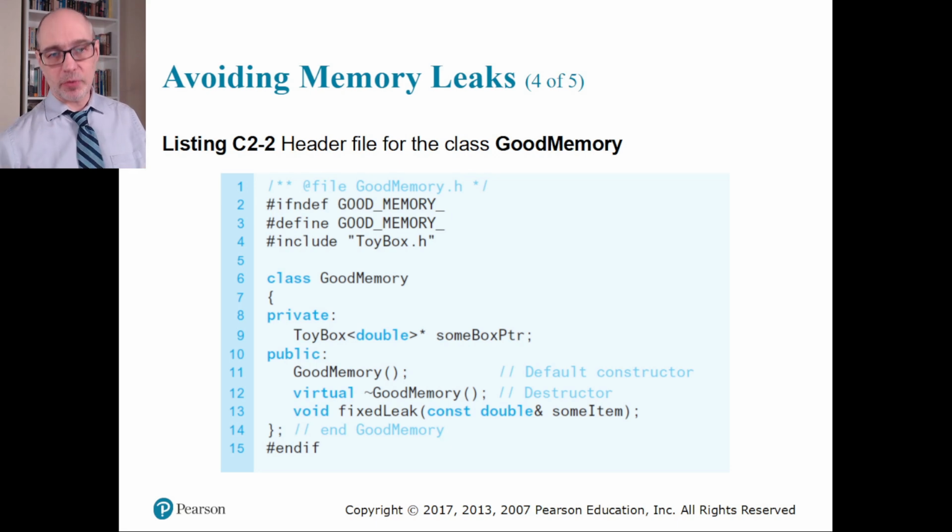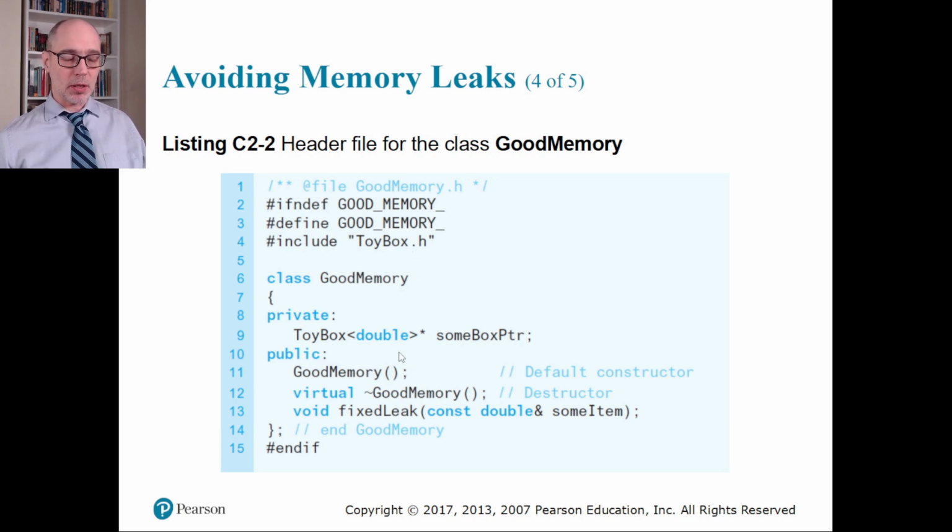So here's an example of a class that takes responsibility for the lifespan of a dynamically allocated object and avoids memory leaks. Here we have a class called goodMemory. It's sitting in a header file called goodmemory.h, of course. We are including some of those examples we saw before about the boxes in a video game, in this case, Toy Box.